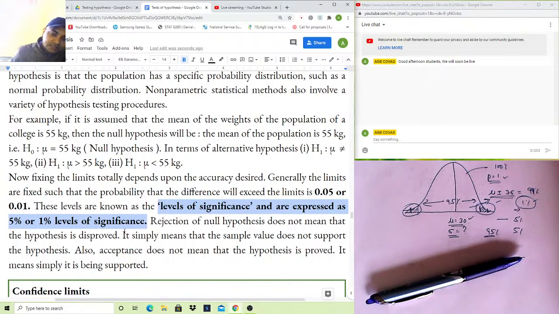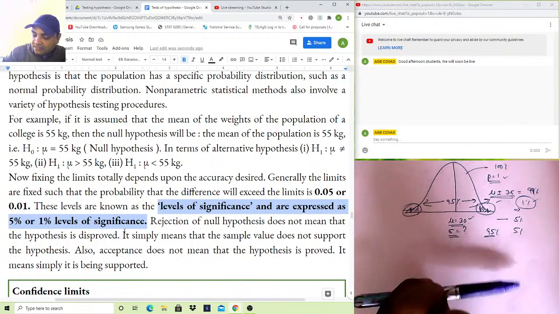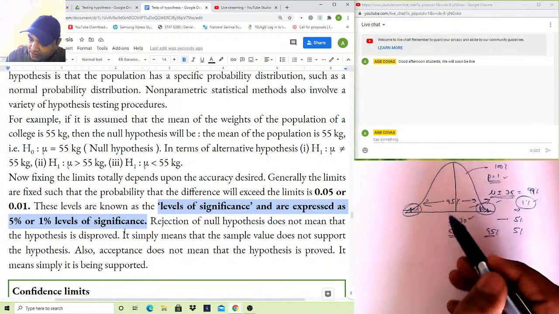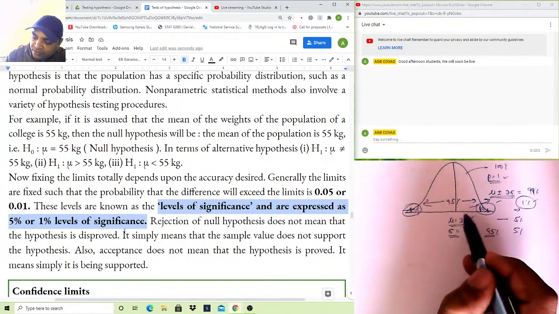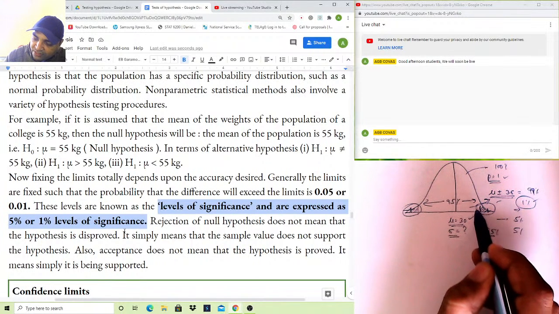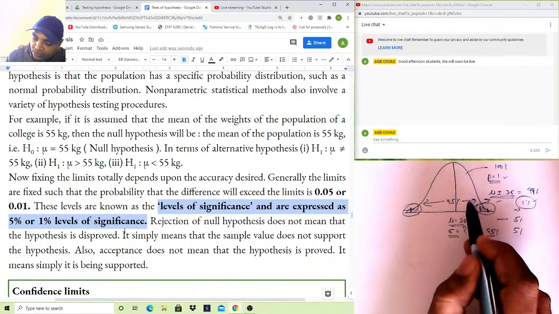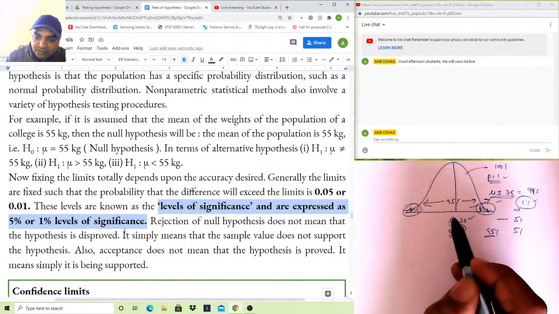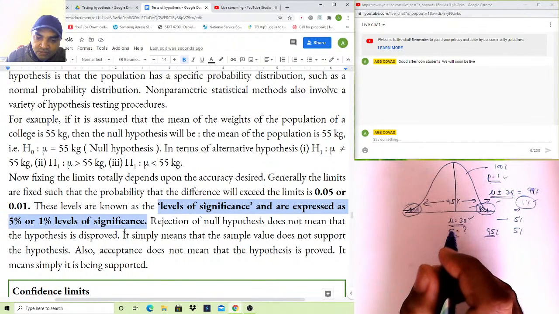So when you take out the samples, for example, and it is observed that the distribution of those samples in more than 5% of the cases does not follow the original population, it means your null hypothesis will be rejected, isn't it?